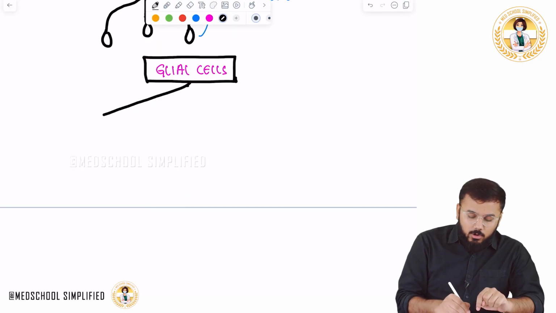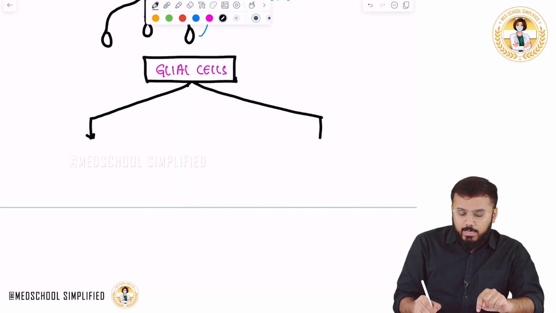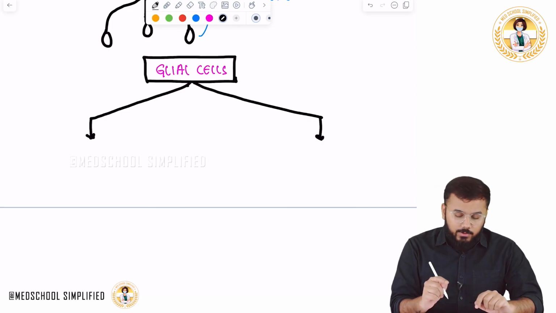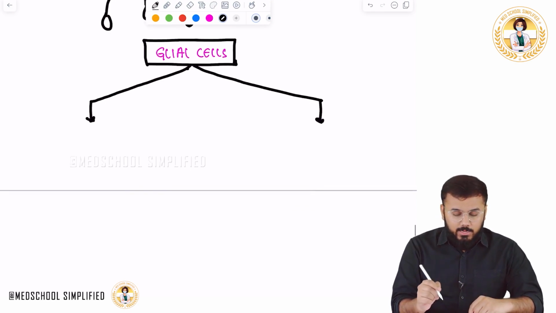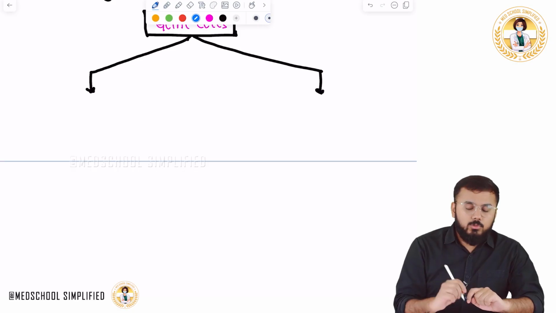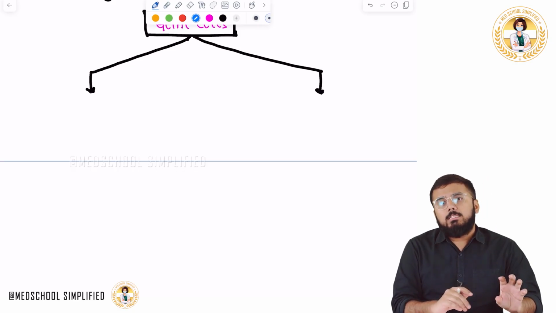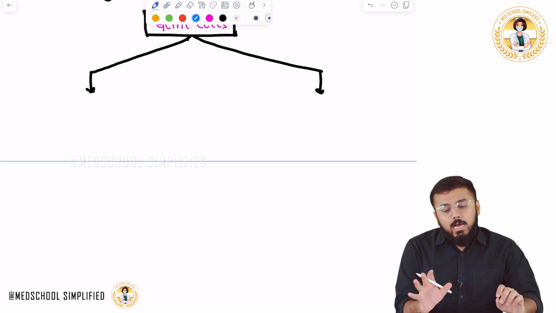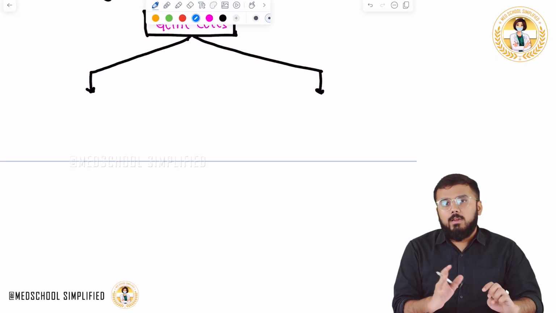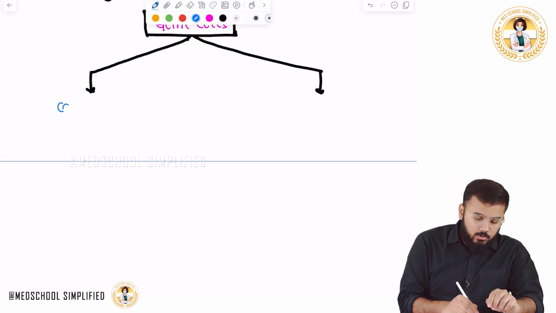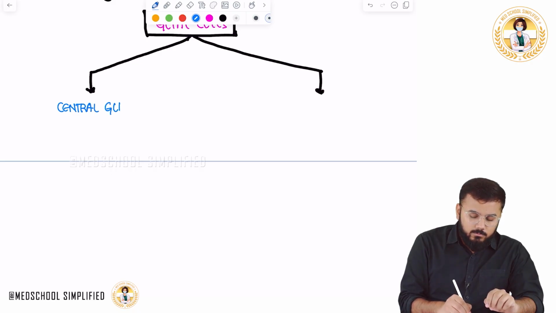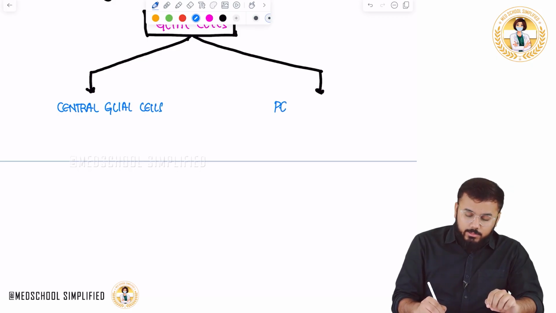We basically have two different groups of glial cells. One group is called central glial cells, and the other group is called peripheral glial cells.